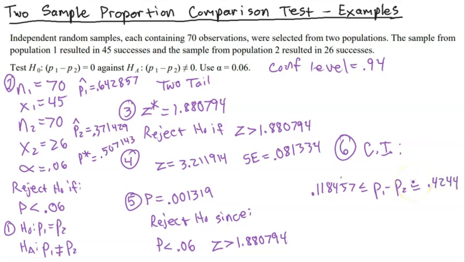And look, we have a positive number here and a positive number here. So 0 is not on the interval. And when 0 is not on the interval, we reject H sub 0, which is what we said over here. And therefore, we are done with this example.